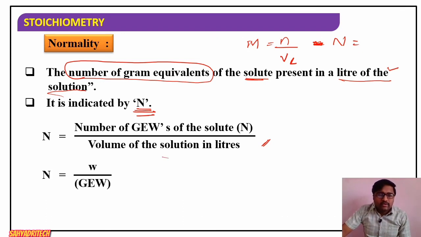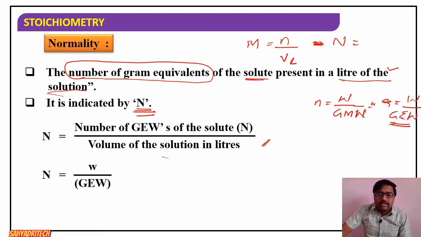Well, we know how we calculate gram equivalent weight. Weight divided by gram equivalent weight gives the number of gram equivalents. How do we get the number of moles? Weight divided by gram molecular weight, right? Similarly, if you want to calculate the number of equivalents, it is weight divided by gram equivalent weight.